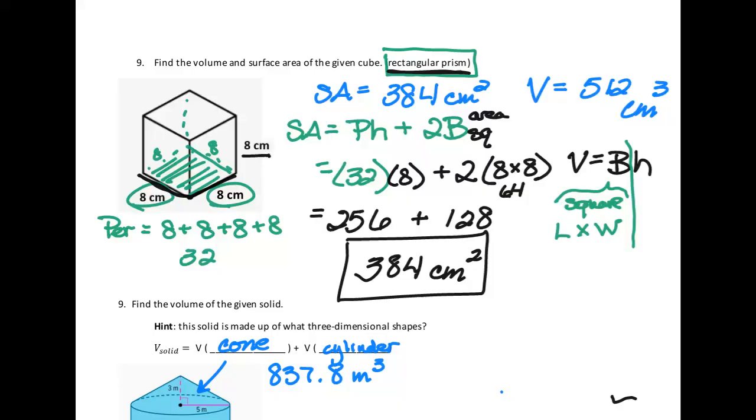So if you've ever heard of, when you have a cube, it's length times width times the height. And for volume, your length is 8, your width is 8, and your height is 8. So 8 times 8 times 8 is the same as 8 to the third power, which should be, yes, I think that should work out, 512 centimeters cubed.